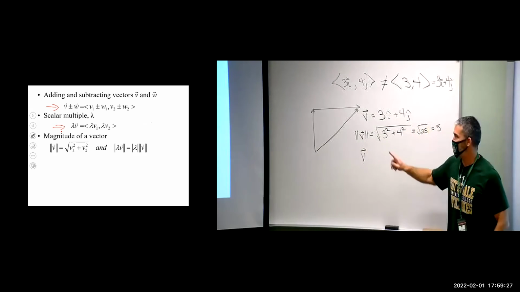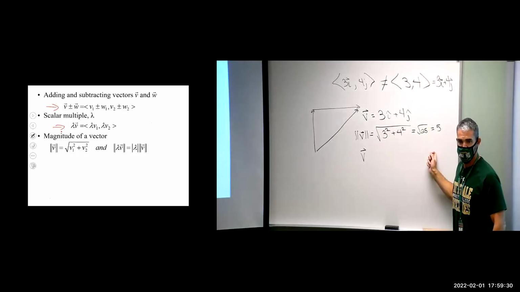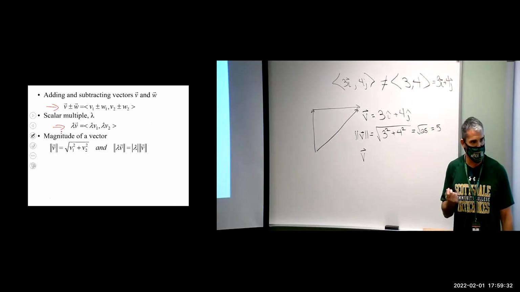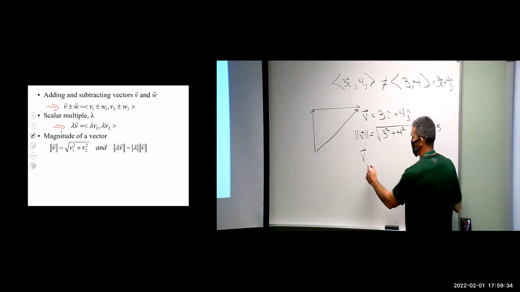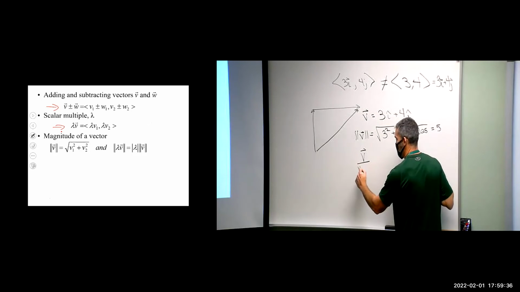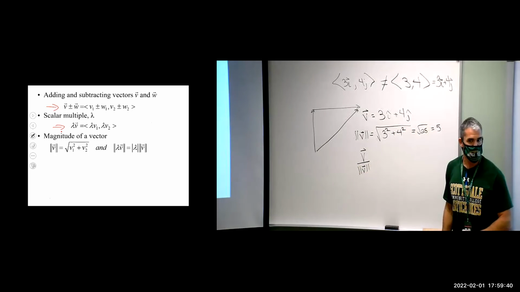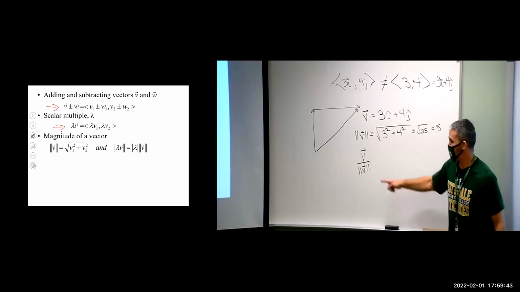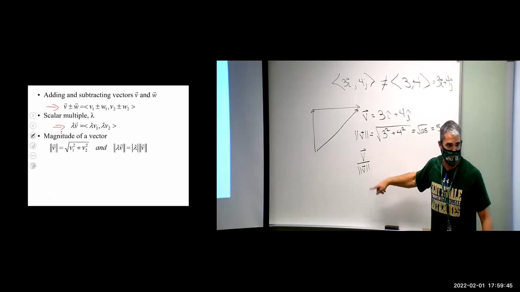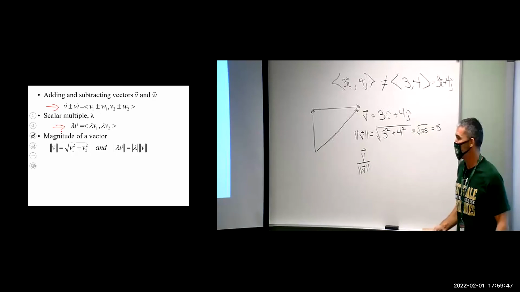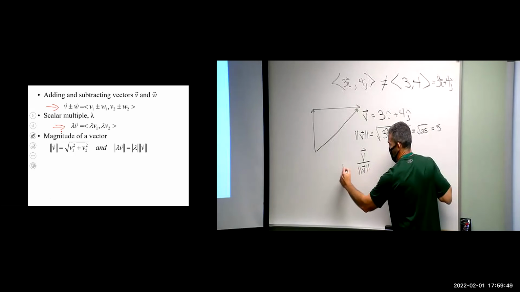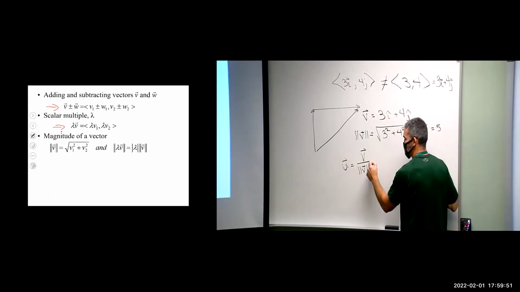The problem is the magnitude of V is 5, but I want the magnitude to be 1. So what I'm going to do is divide by the magnitude of V. That's going to take care of it, because I know the magnitude of this is 5, and I'm dividing by 5, and the magnitude has to be 1. This is going to create what we call a unit vector.